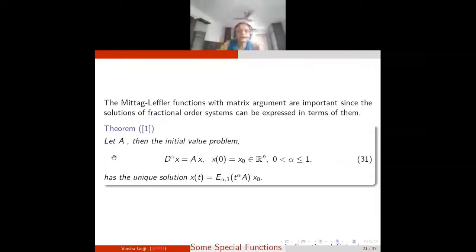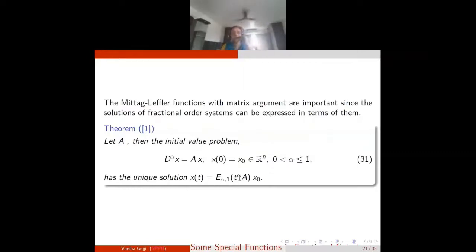Here we have shown that if A is an n by n matrix, and consider this initial value problem. Instead of first order derivative x1 dot, x2 dot, xn dot, that column vector, we consider d alpha, meaning fractional order derivative of order alpha, where alpha lies between 0 and 1.